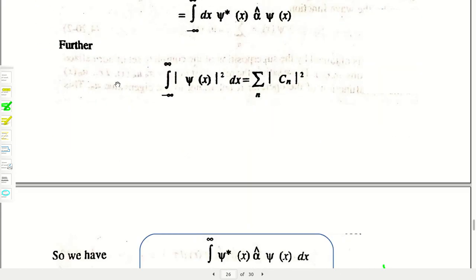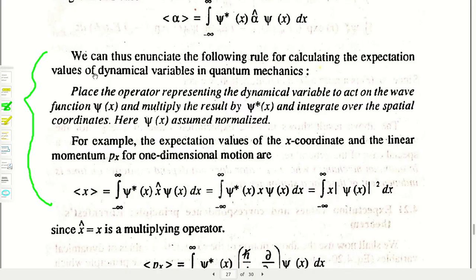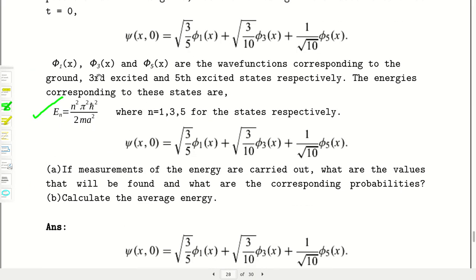So for the problem, I will suggest that firstly you check whether the wave function is normalized or not. For this you should check the bra psi ket psi value, and you can see that it is 1. That means the wave function is normalized.